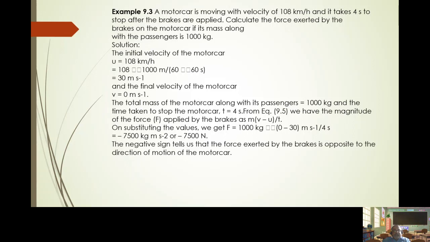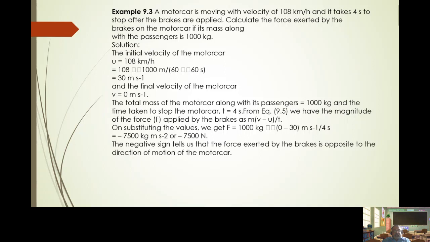The initial velocity of the motor car is u = 108 kilometers per hour, which is 30 meters per second, and the final velocity of the motor car is v = 0 meters per second.